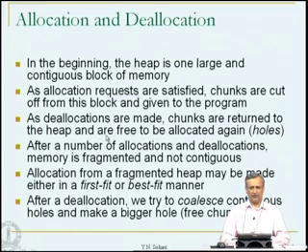So, what is allocation and what is deallocation? Let us look at a picture along with this slide in order to understand it. In the beginning the heap is one large contiguous block of memory. Then as allocation requests are satisfied, parts of this large piece of memory are cut off from this block and given to the program, based on the allocation requests of the program.